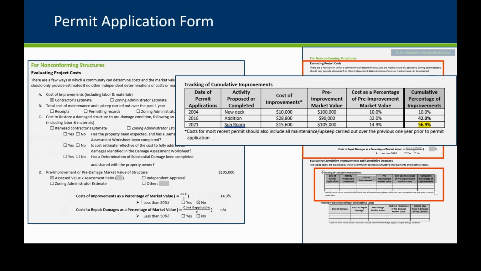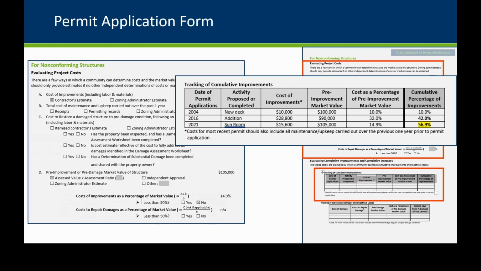We have 3 historic improvements in 2004, 2016, 2021. We want to document those in some way so we can verify that they aren't exceeding that 50% threshold. And it's identifying what the cost of the improvement is. We're determining a market value of the structure, and we're analyzing these improvements cumulatively.